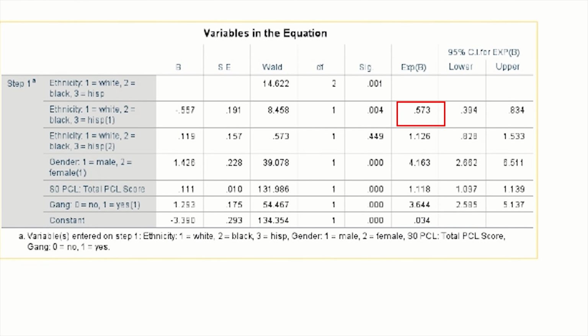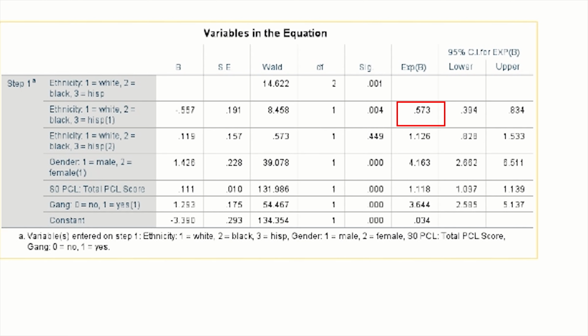So this is where we can look at our exponentiated B value, or our odds ratio, and it's 0.573. Whenever you have a value less than 1, it means that the outcome of interest, in this case gun carrying, was less likely to happen for your category of interest, so black participants, compared to white participants.